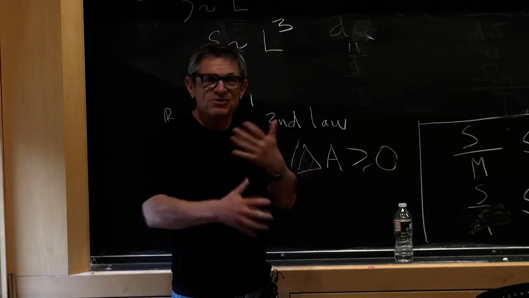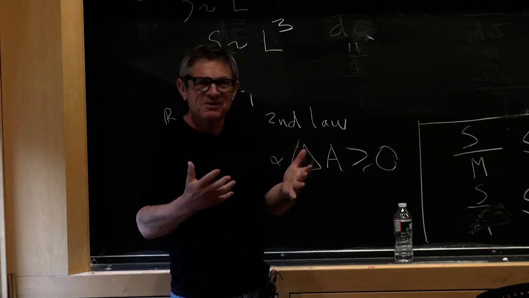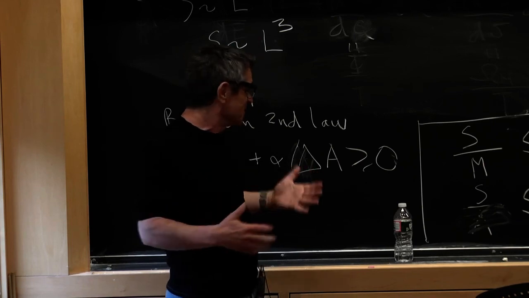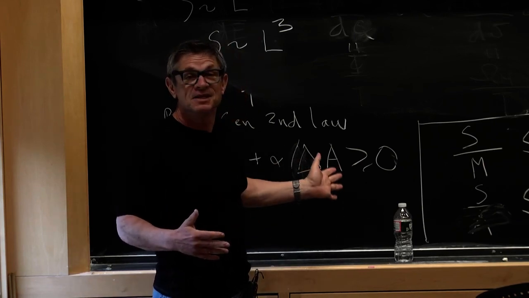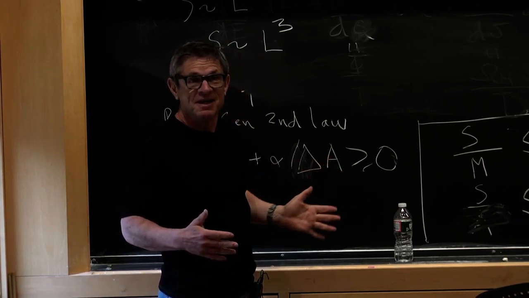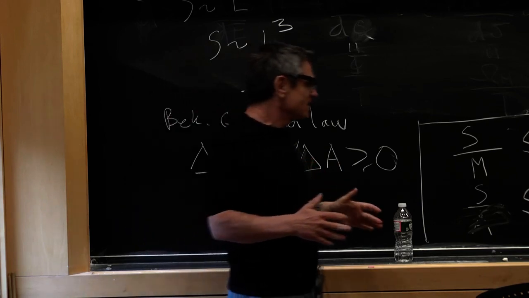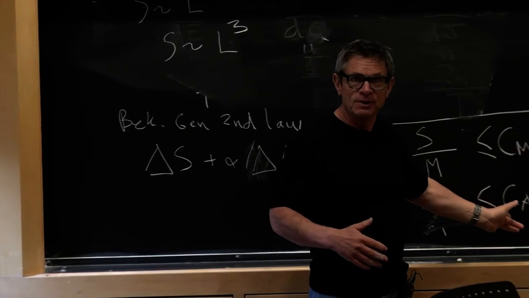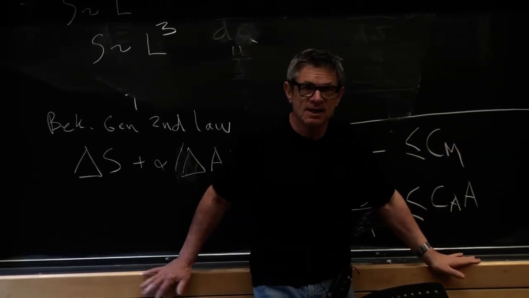And he had his reasons, which were not fully rigorous but turned out to be on the right track, for thinking that there should be such an alpha. That's only possible if this bound is satisfied.